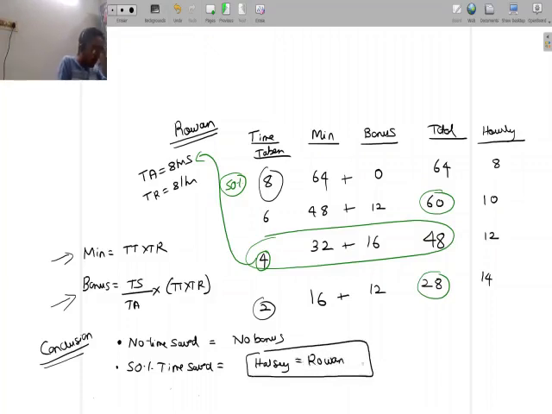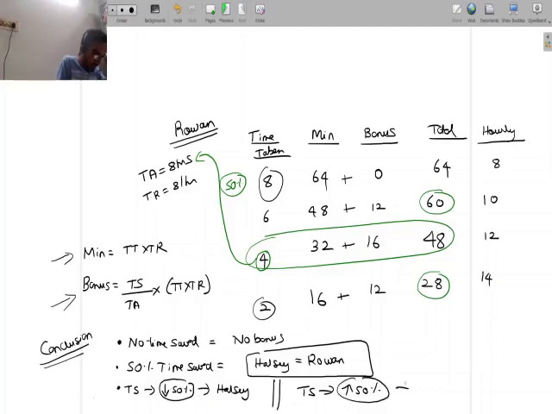That means whatever you use, you are going to get the same thing. Time saved is lesser than 50%, then Halsey is better, and time saved is greater than 50%, then Rowan is better. So these are the observations that we get here. So this answers the fourth part of the question.